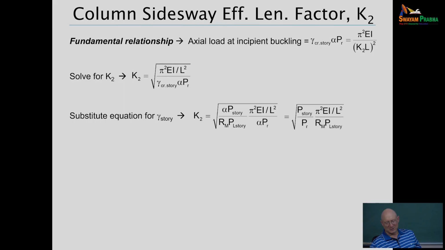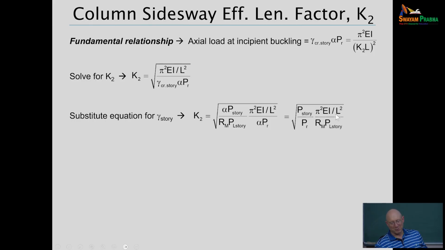It ends up as a fair amount of complicated things that simplify down to P story over PR. PR stands for the required loading. It's what you're getting from your analysis, the loading you're designing your column for. It's equal to PU if we were just doing LRFD. We should just change all these to LRFD, take out the alpha, and just use PU.